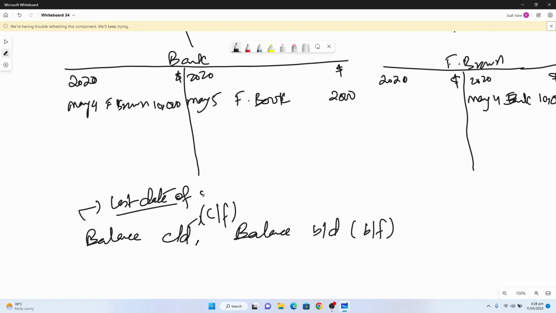And balance BD will always be on the first date of the year or month. Remember one thing. This needs to be remembered by you. This needs to be memorized by you.